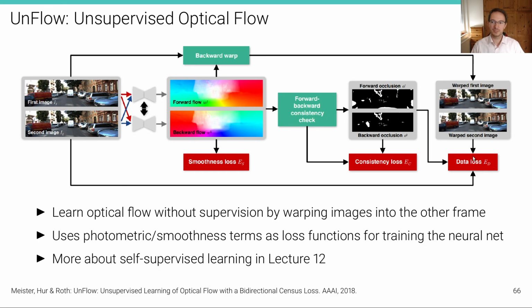And then we can, of course, train this model using just images without any optical flow ground truth, which is great. And so it's possible to learn optical flow without supervision. More about these self-supervised learning techniques will be covered in lecture 12.